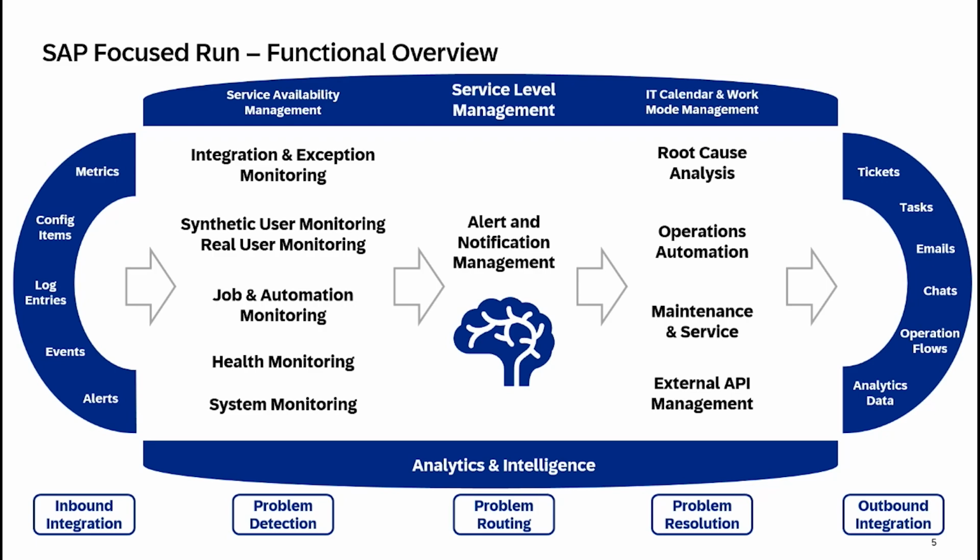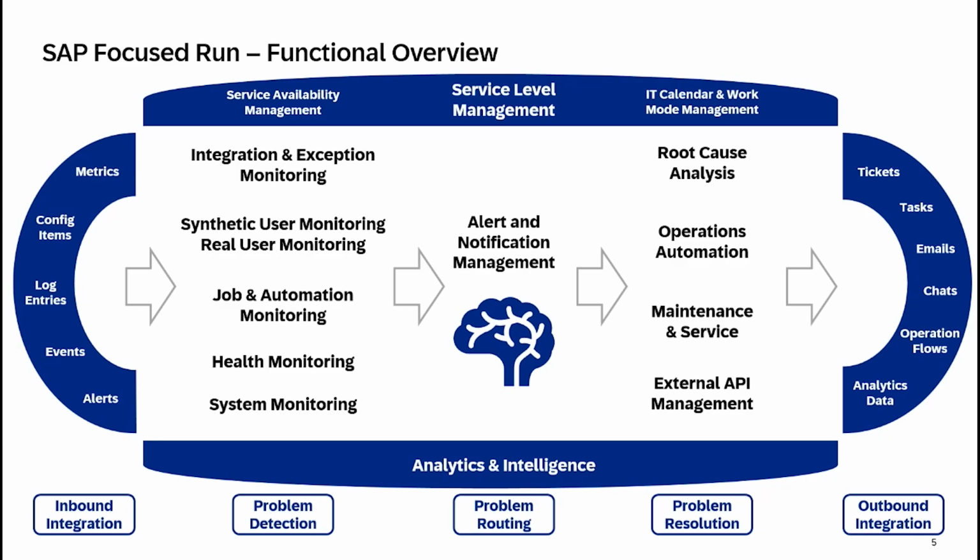We have the central alert management capability, a central alert inbox, where all the alerts from the different monitoring capabilities come together. From there, you have dashboards surrounding this alert management that show you how many alerts are triggered by which component, which component triggers the most alerts, but also giving you information about how long a certain alert has existed without someone having assigned an activity to it, so that you can also monitor the efficiency of your support organization with this information.